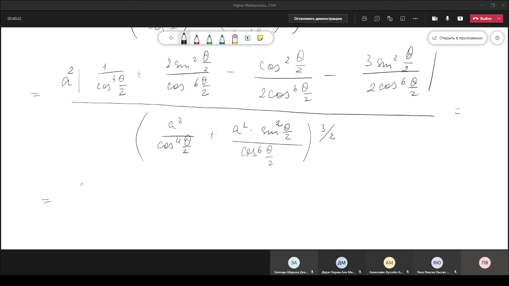In numerator and denominator we just take one denominator here, 2 cosine with power 6, and we have 2 cosine squared of theta over 2 plus 4, 2 times 2 sine squared of theta over 2, minus cosine squared of theta over 2.